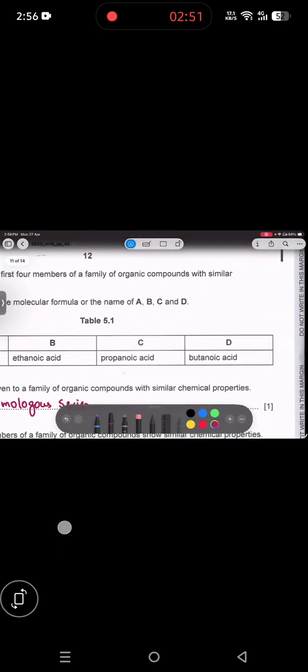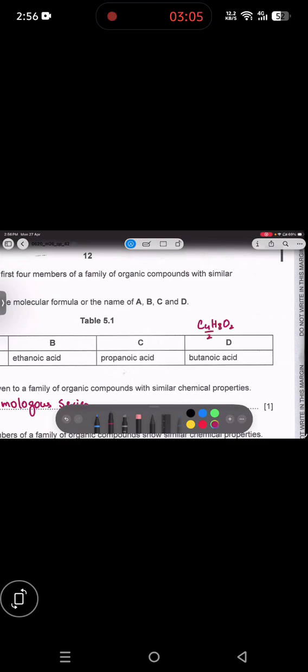The structural formula of B is CH3COOH. We have to write down the molecular formula here. In the molecular formula, we have to combine all the atoms. Now the empirical formula for the last one, butanoic acid: C4H8O2.